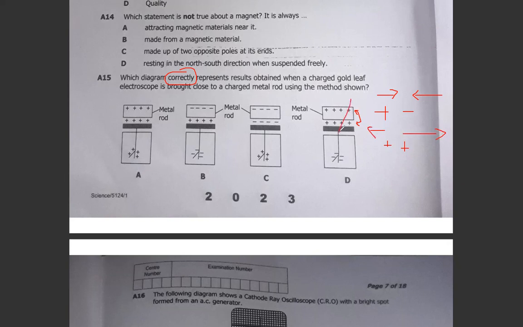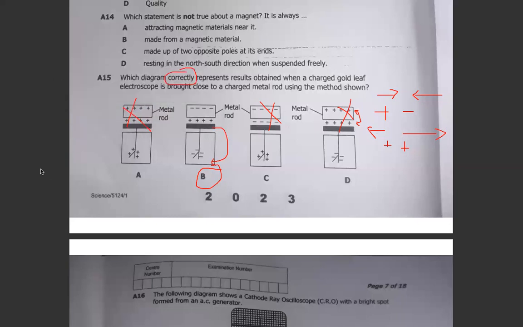So this can't happen. This also can't happen. Therefore, without wasting much time, the fundamental first law of electrostatics guides us, meaning we expect the negative charges to be pushed onto the gold leaf down here. This is what happens.